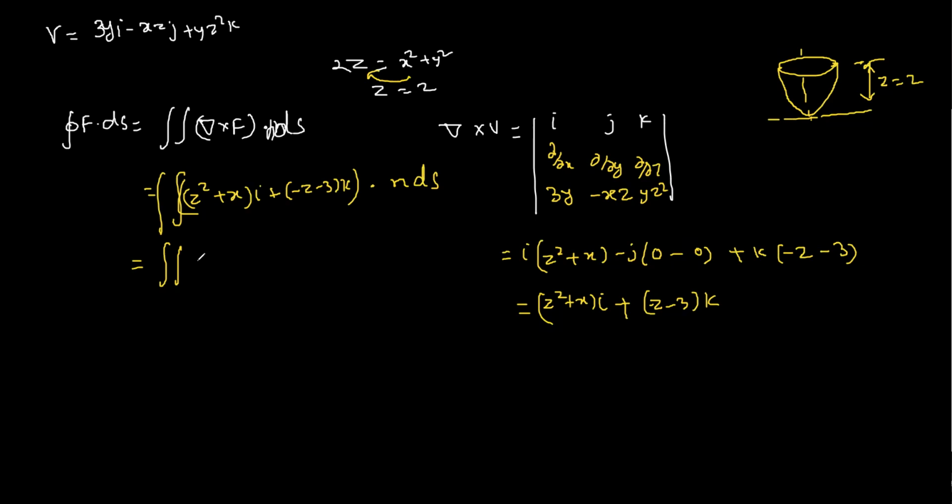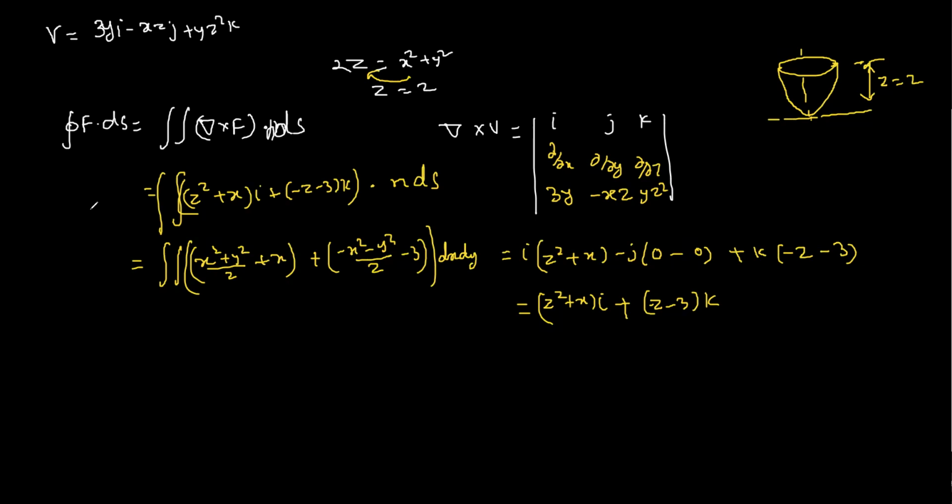What is the value of z? z is (x square plus y square) by 2. Why are you replacing z? Because this is a double integration, not a triple integration. So we get (z square plus x) dx dy, where z is minus (x square plus y square) upon 2 minus 3, and dx dy is dx dy.